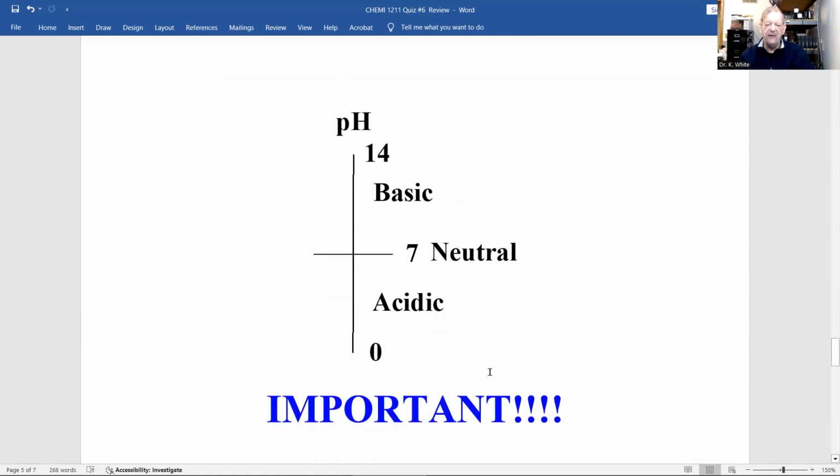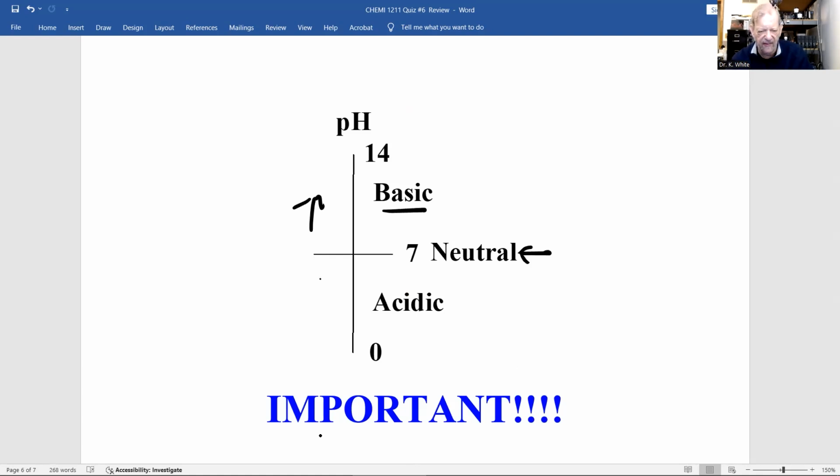Now, this is probably the most important thing I'll teach you this semester for your own personal life. And this is the pH scale. It goes from 0 to 14. At pH 7, you're at neutral solution. Anything above 7 is a basic solution.